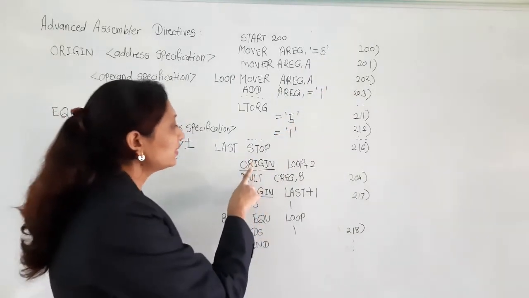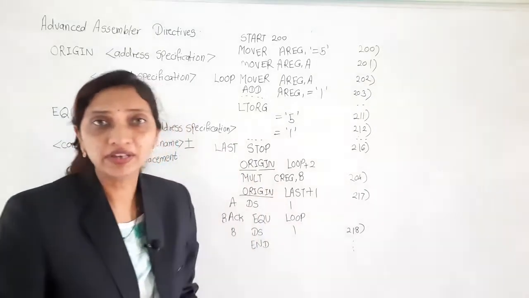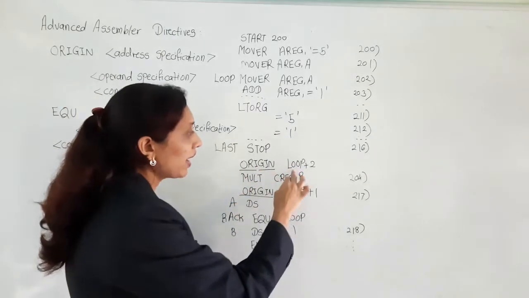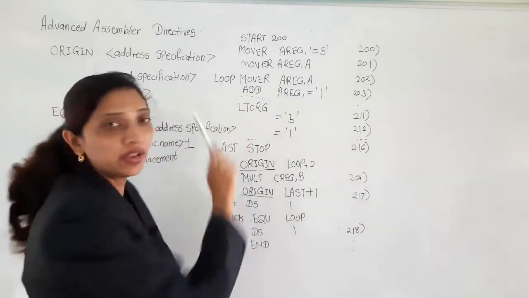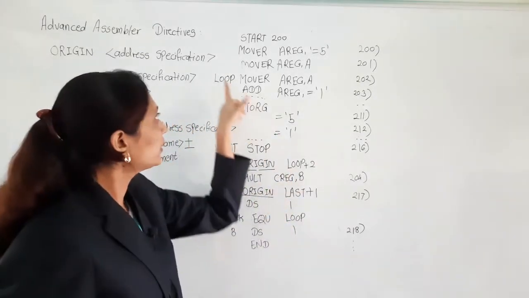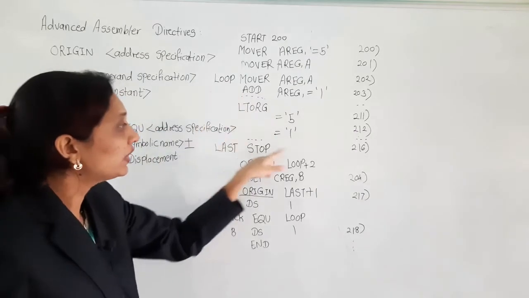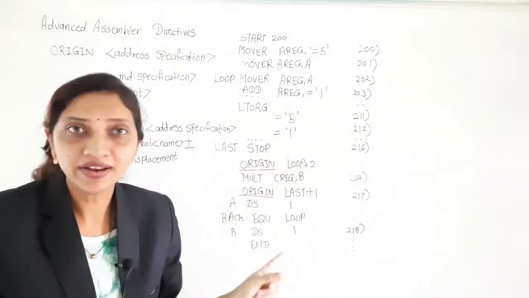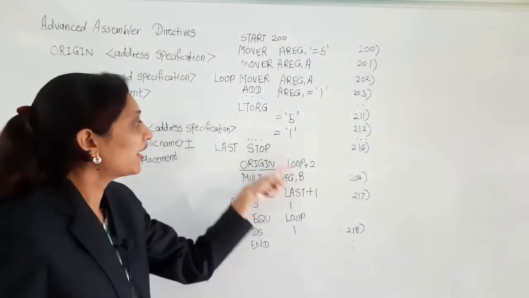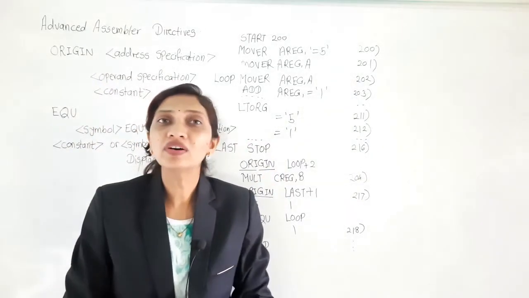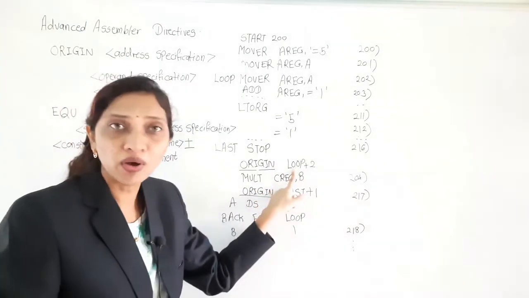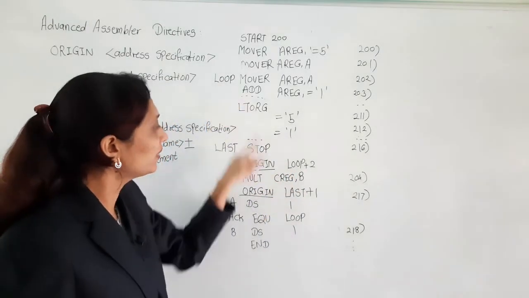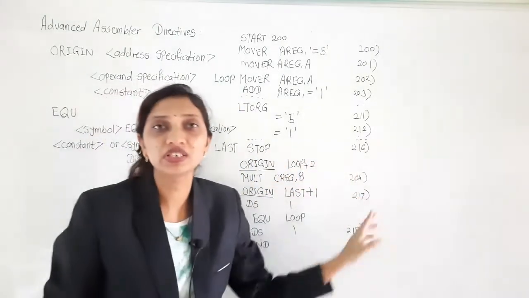Now when this ORIGIN assembler directive occurs, like ORIGIN LOOP plus 2, what is LOOP? It is a symbolic name. Here we are changing the address of the location counter in a relative way, not in an absolute way, because depending on the symbolic address of this LOOP, we change the address in the location counter.